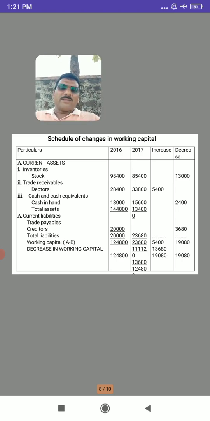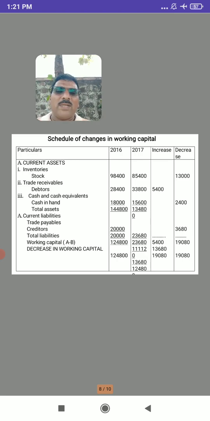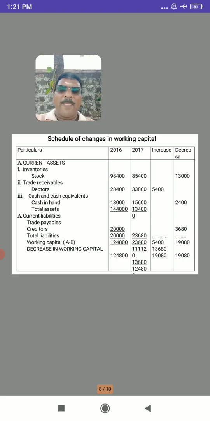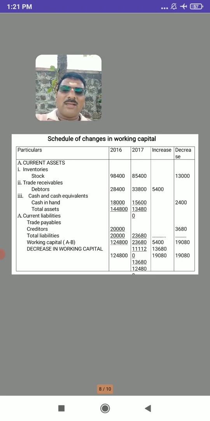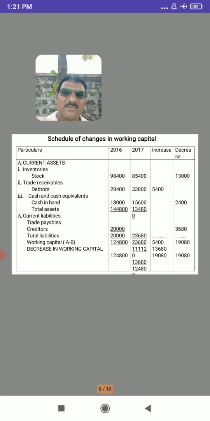And now we will take the current liabilities. So first we take current liabilities, that is trade payable, creditors. So creditors was 20,000 in 2016 and 23,680 in 2017, means there is a decrease in the value of current working capital, that is 3,680.